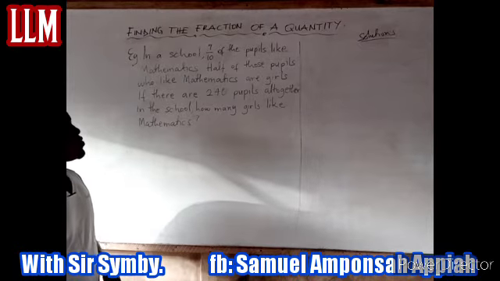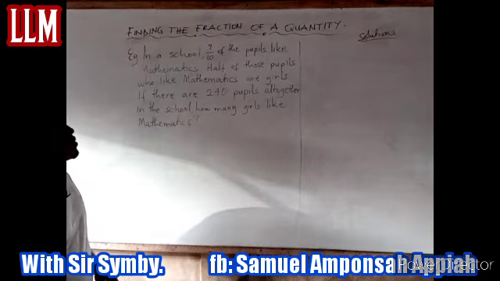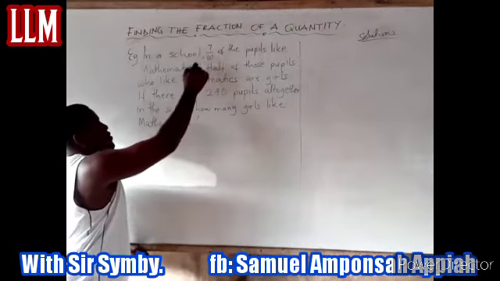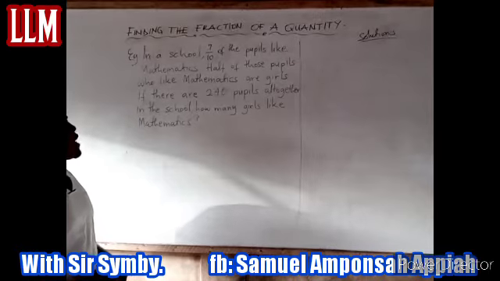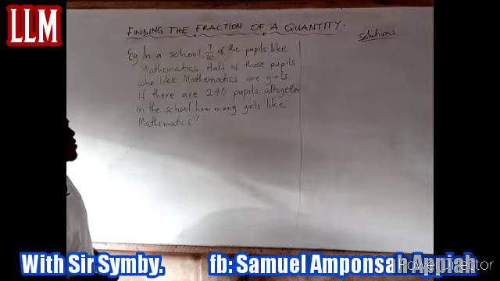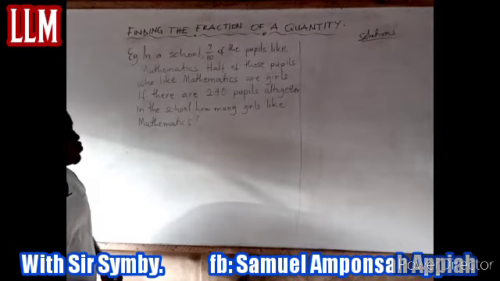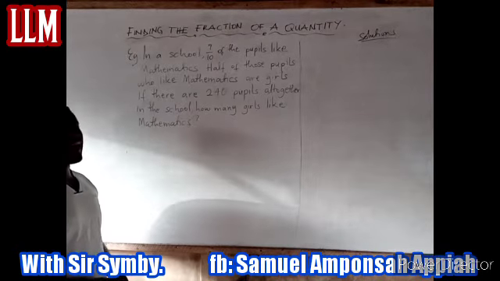In a school, 7 on 10 of the pupils like mathematics. Full stop. Half of those pupils who like mathematics are girls. If there are 240 pupils altogether in the school, how many girls like mathematics?